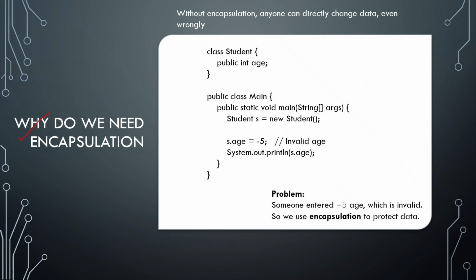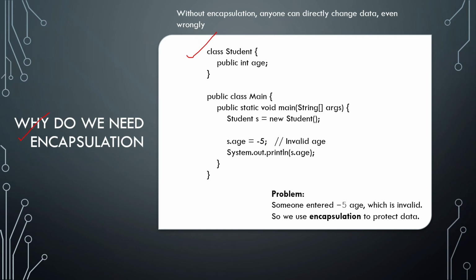For example, think about a student's age. Age should never be negative, zero, or unrealistic like 500. But if the variable is declared as public, anyone can directly access it and modify it even with incorrect values. Let's understand this with an example program.